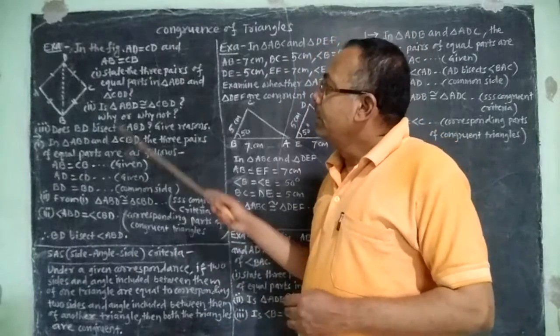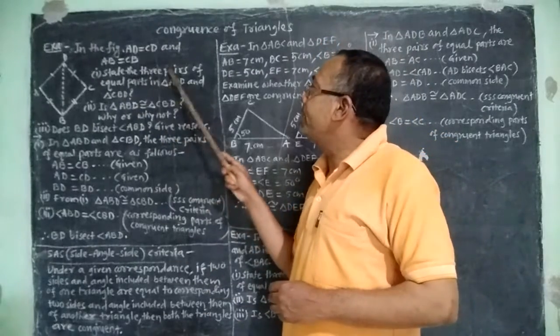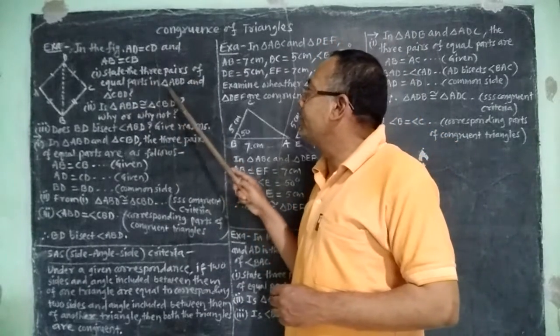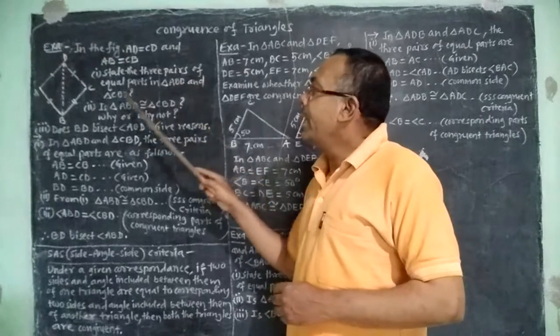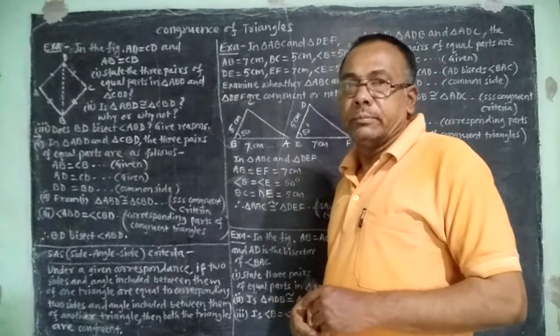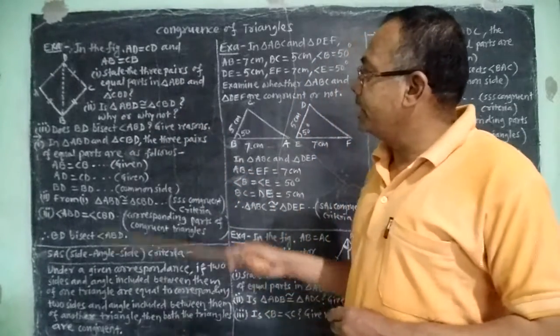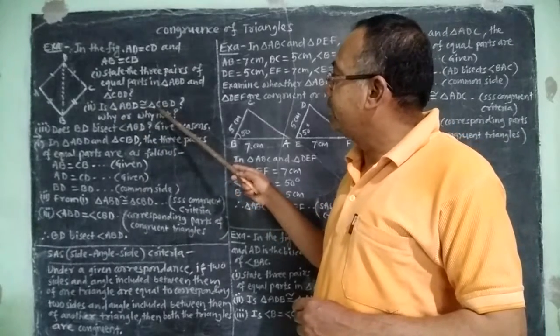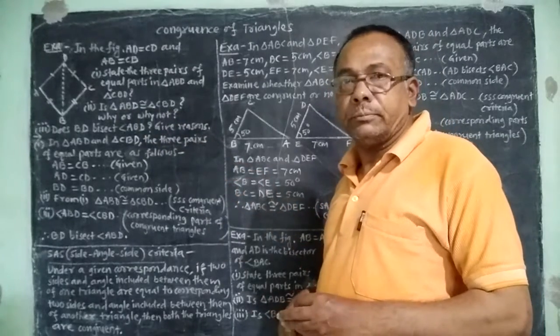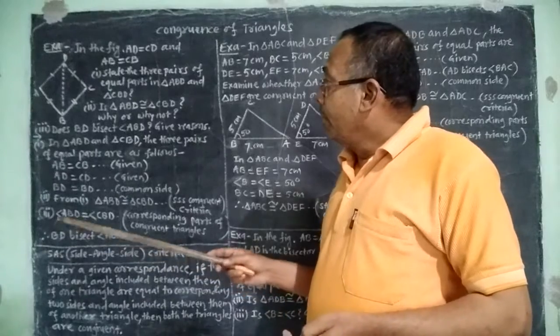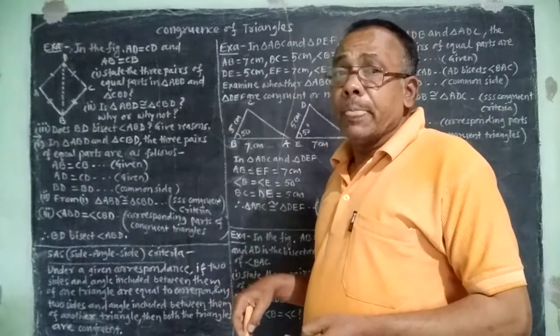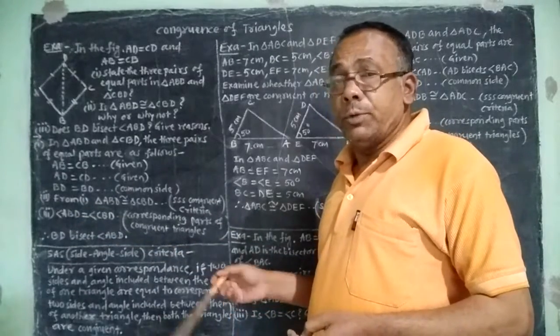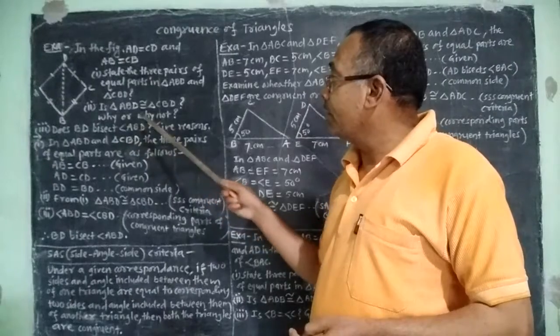Then we have to state the three pairs of equal parts in triangle ABD and triangle CBD. Second question: is triangle ABD congruent to triangle CBD? If they are congruent, then we have to give the reason, why or why not.